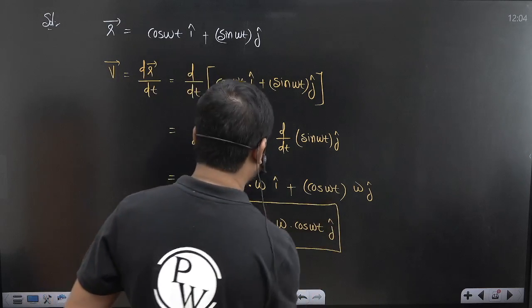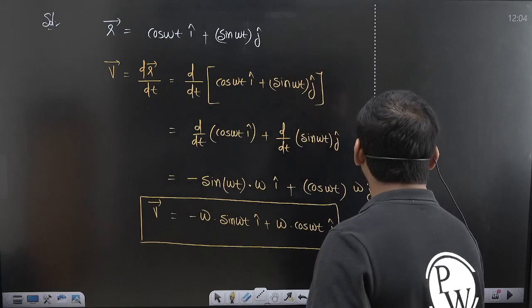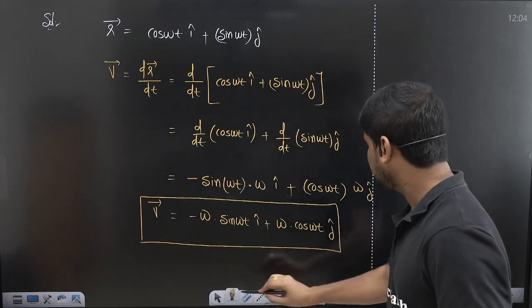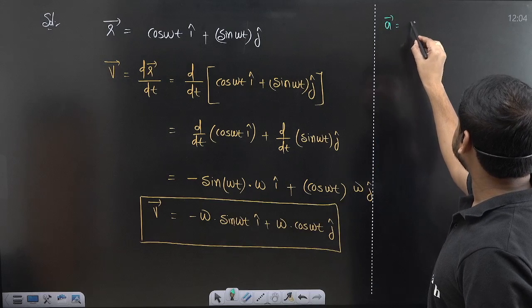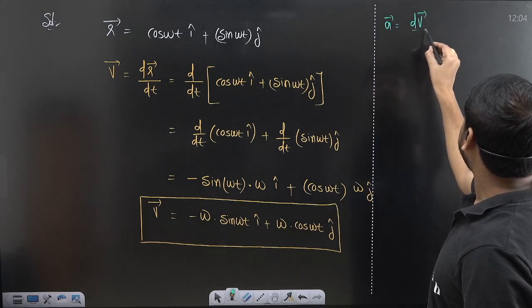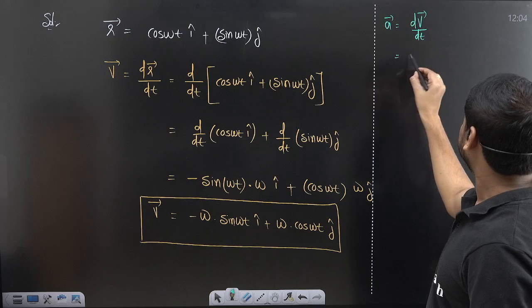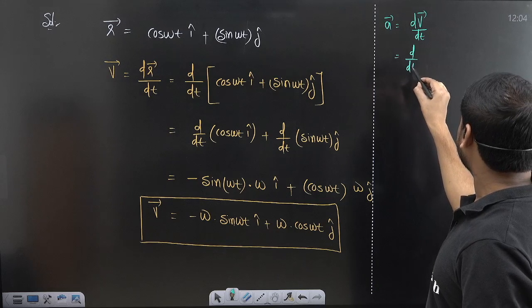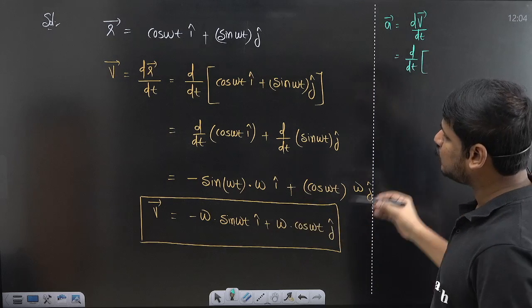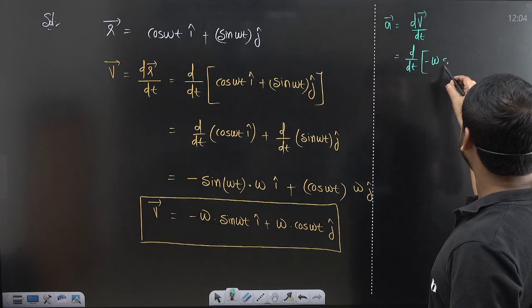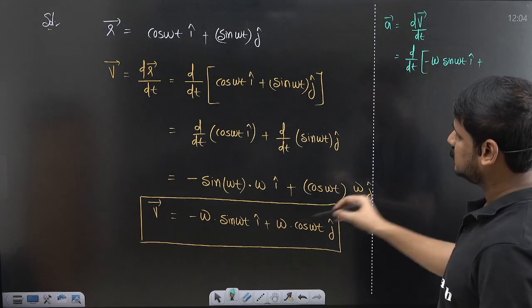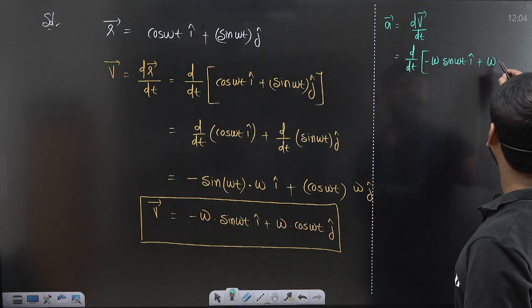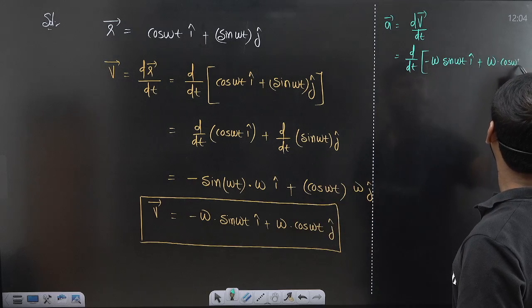Now let me find the acceleration vector. How do you find the acceleration vector? Acceleration is equal to dv by dt. Yes or no? So here, d by dt of the velocity vector we got: minus omega sin omega t i cap plus omega cos omega t j cap.